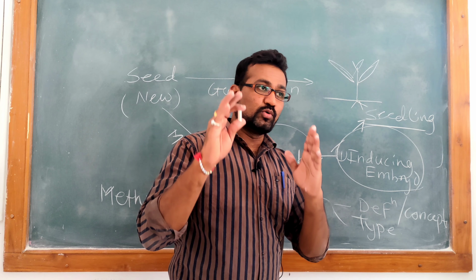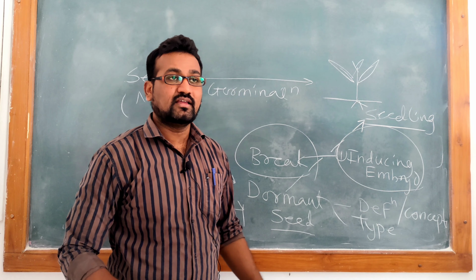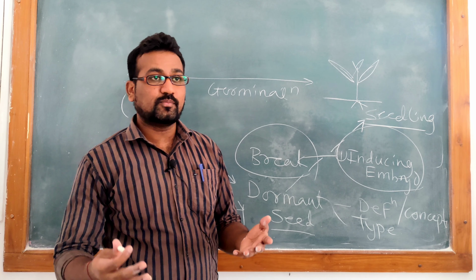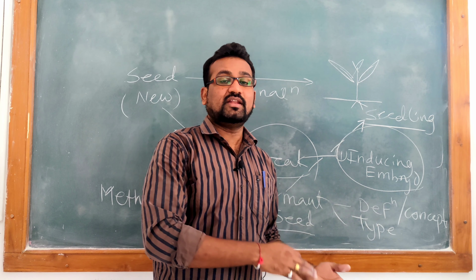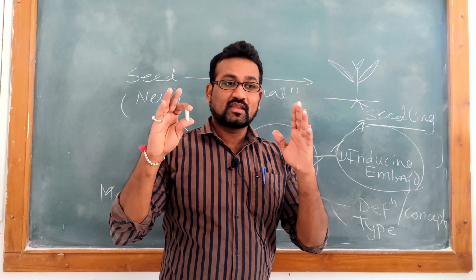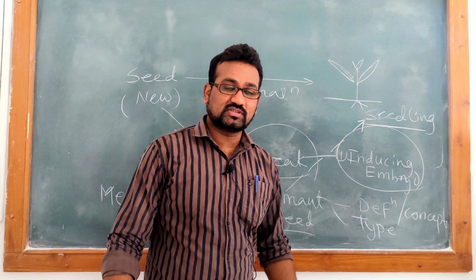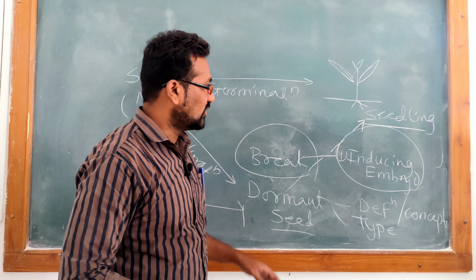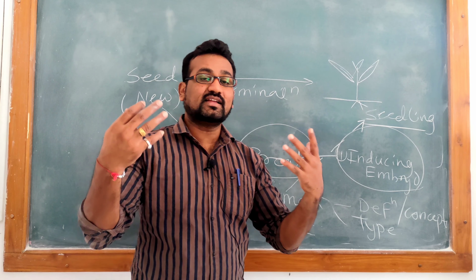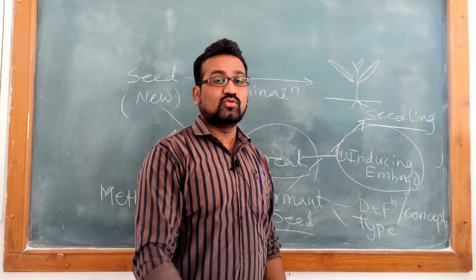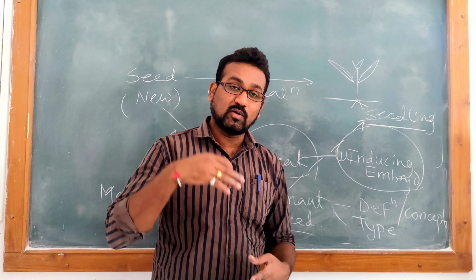As well as inducing the embryo, you are promoting or activating the hormones which promote the seed germination process, and you are decreasing the hormones which suppress it. You will understand this once you see the different methods which can be applied here. So let's discuss which methods are used for breaking seed dormancy, one by one.